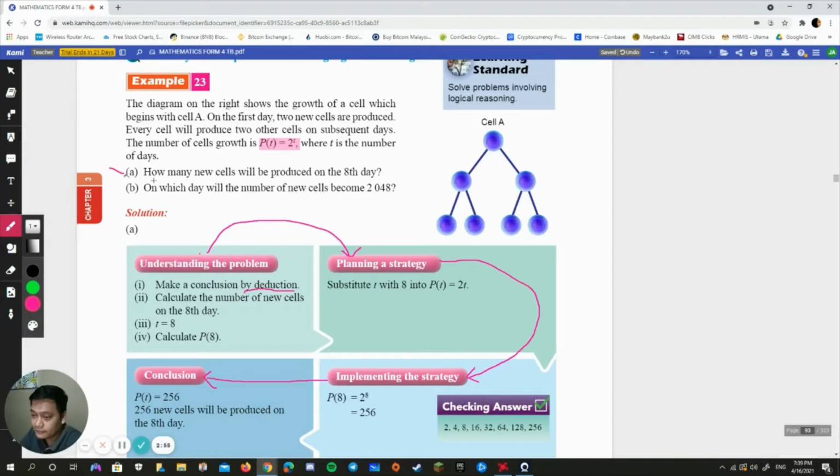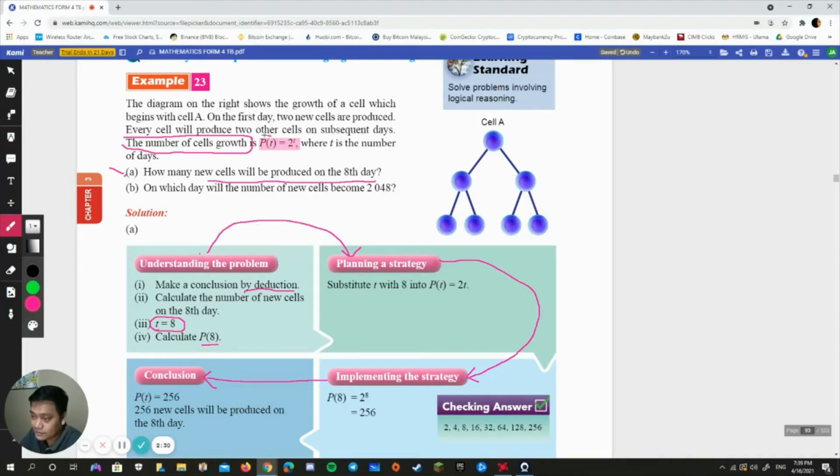Question A, the number of new cells produced on the 8th day. That means t equals 8, because t represents the number of days. And then you can calculate P, where P represents the number of cells grown. When t equals 8, so P_8.